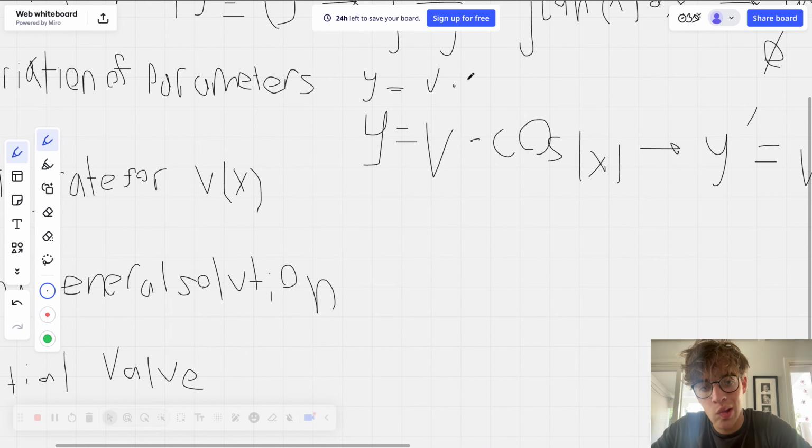So that's the y prime term. Then we have plus tan x, and then remember for y, we could just use this substitution, v cosine x. Boom. All right, and then equals sine x.